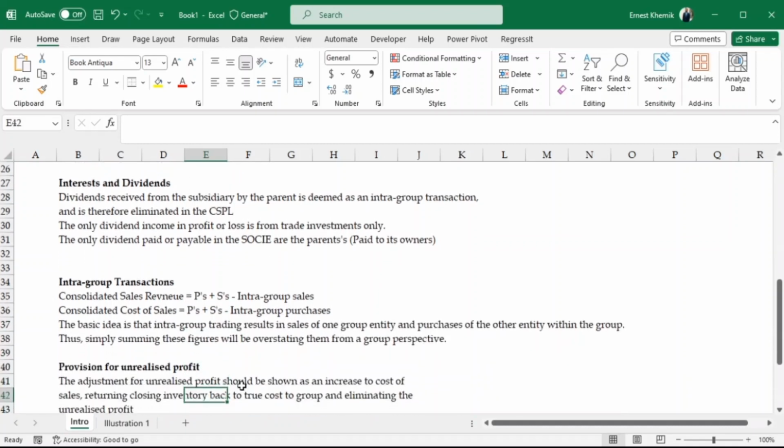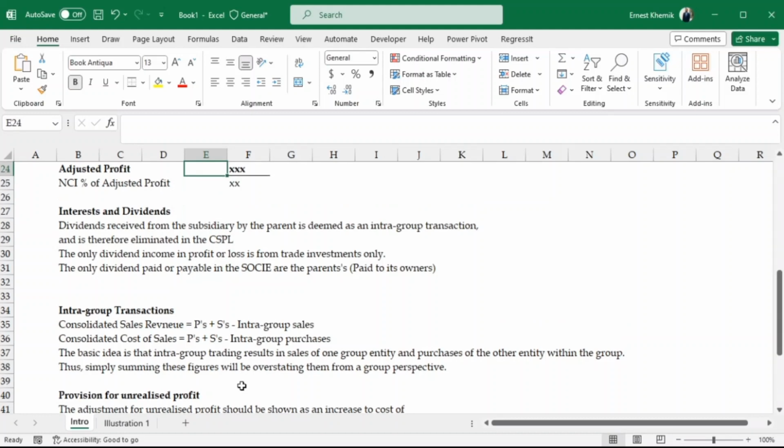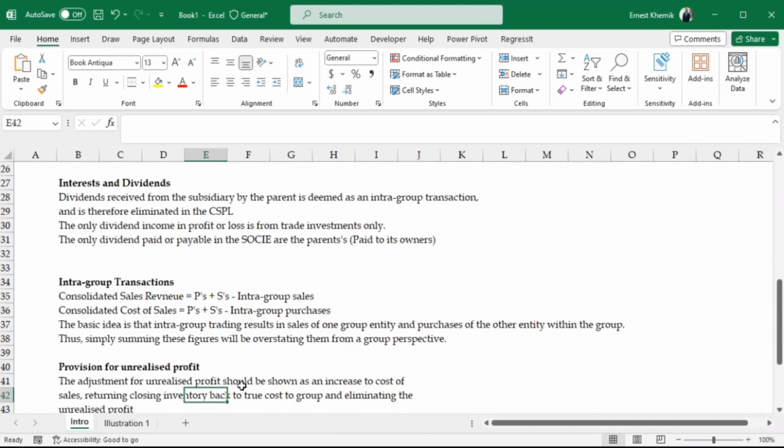Now let's look at some of the adjustments that I talked about. The first one that mostly will be seen in a consolidated statement of profit or loss question is interest and dividends. So how do we treat the dividend? Dividends received from the subsidiary by the parent is deemed as an intra-group transaction and is therefore eliminated in the consolidated statement of profit or loss.